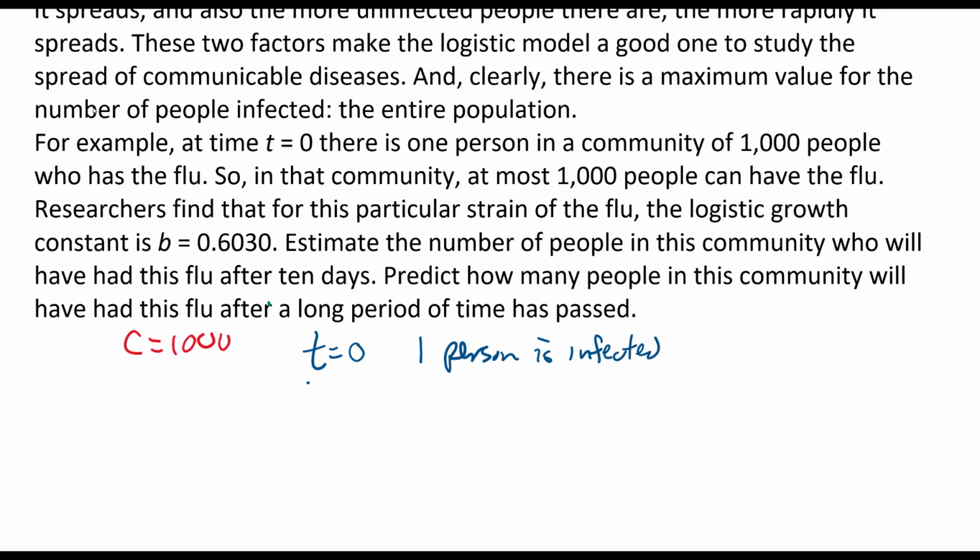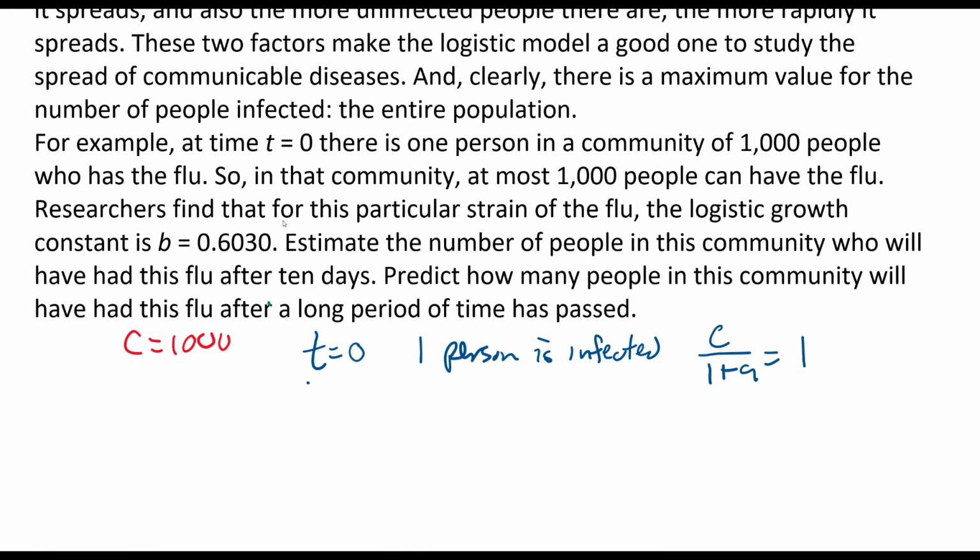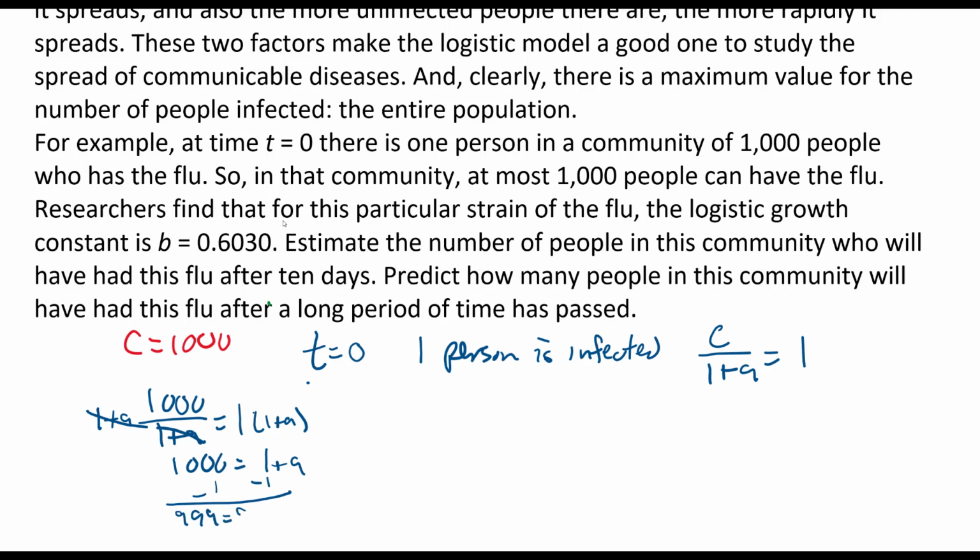So we know that c over 1 plus a must be 1, because the formula says that's the initial value. So 1,000 over 1 plus a equals 1. If I multiply both sides by 1 plus a, 1,000 equals 1 plus a. Subtracting the 1, 999 equals a.